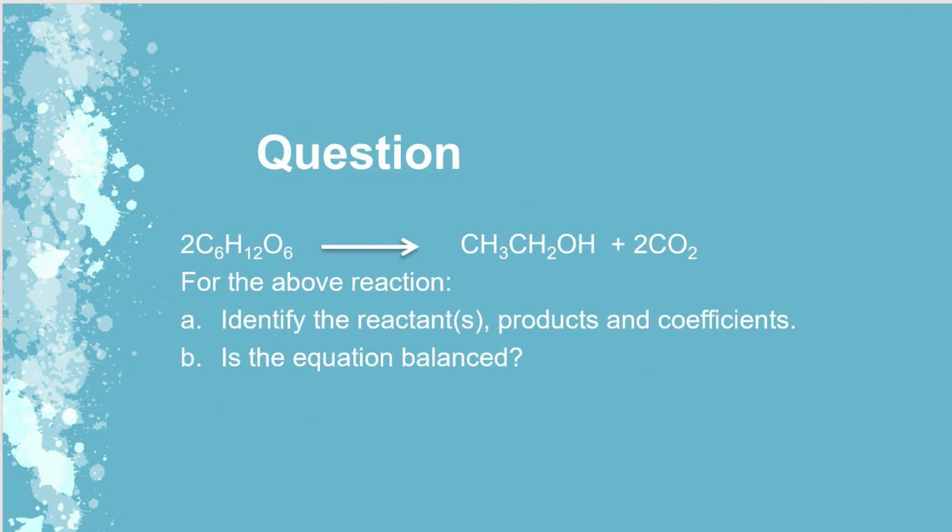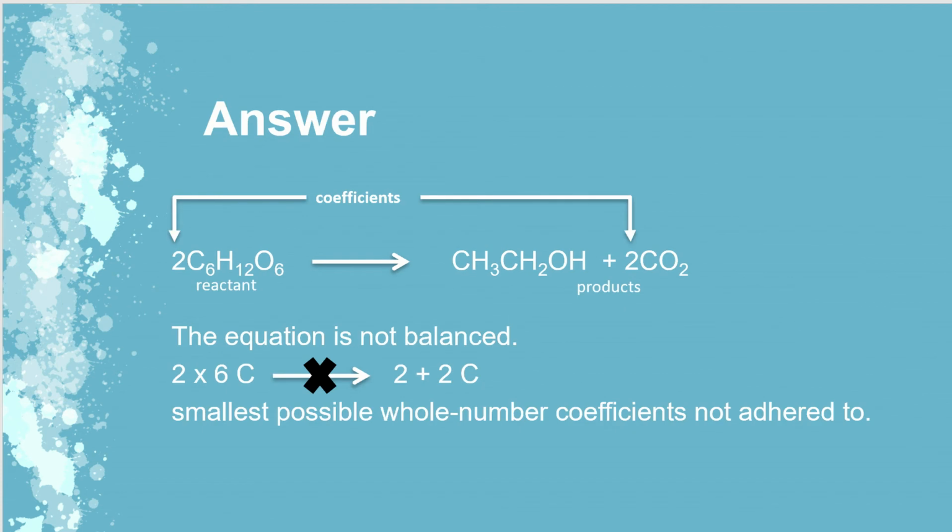Part B says, is the equation balanced? How do we check this? We check by counting our numbers. For the carbon here, we can write 2 times 6, which equals 12 carbons. We want to check the other side to see if we have 12 carbons.